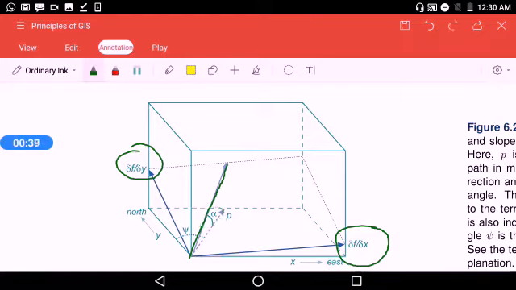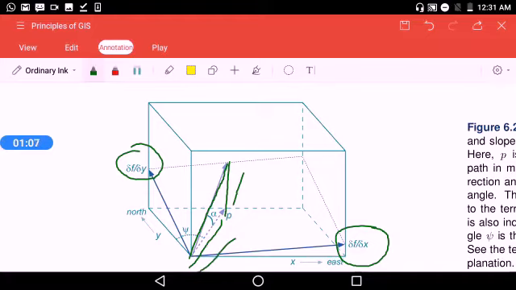Now, when we try to find out what is tan alpha, it is going to give you this elevation that is opposite upon adjacent, that is P. So the opposite upon adjacent is going to give you the tan alpha. But as you can see over here, whenever we calculate the slope, it is always the rise upon the run.